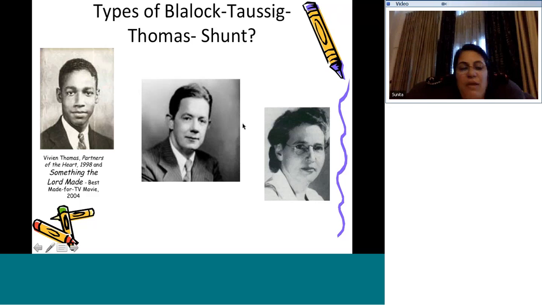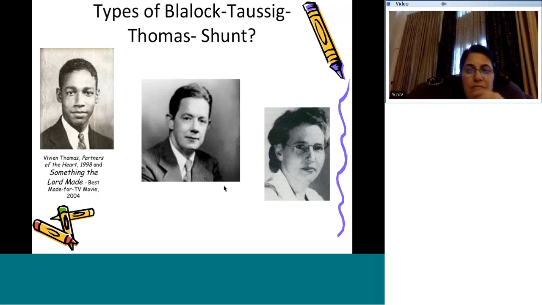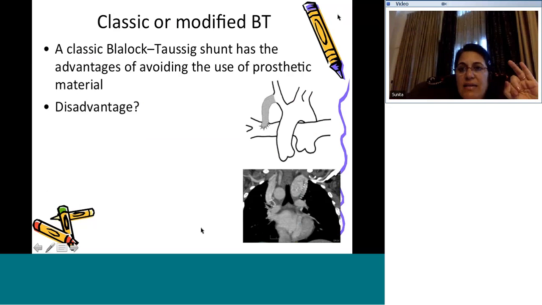Now, what are the types of Blalock-Taussig shunts? What are the two types of BTT shunts? So classical and modified, right? Now, a classical BT shunt is where you are using the subclavian artery, and the big advantage is you're not using any prosthetic material.